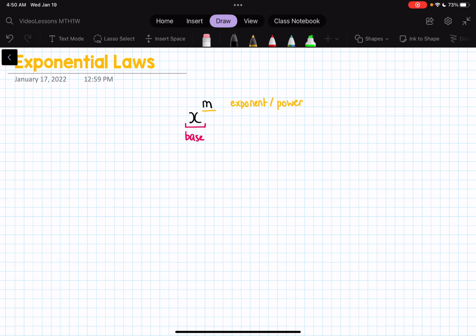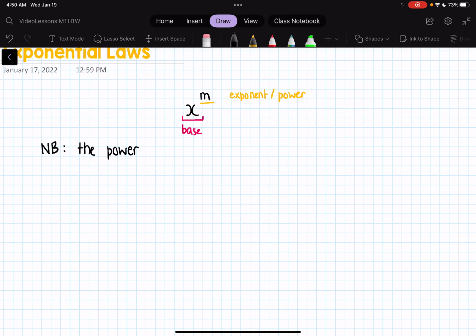And an important thing to remember is that the power applies to what it touches.